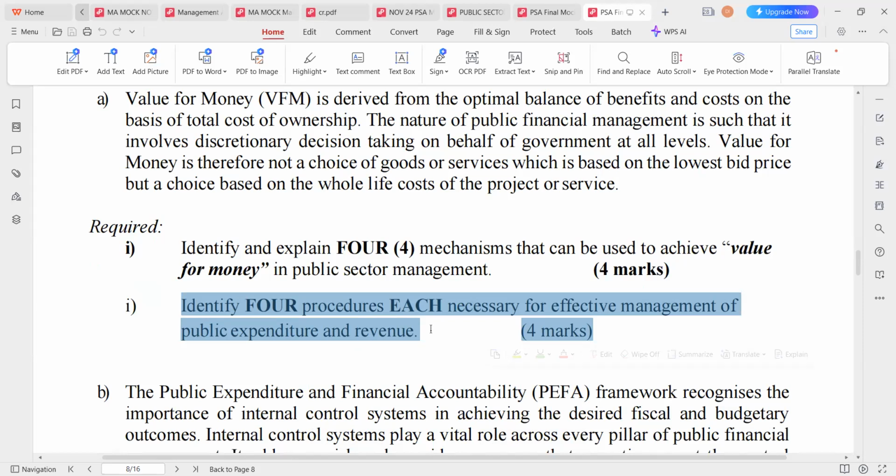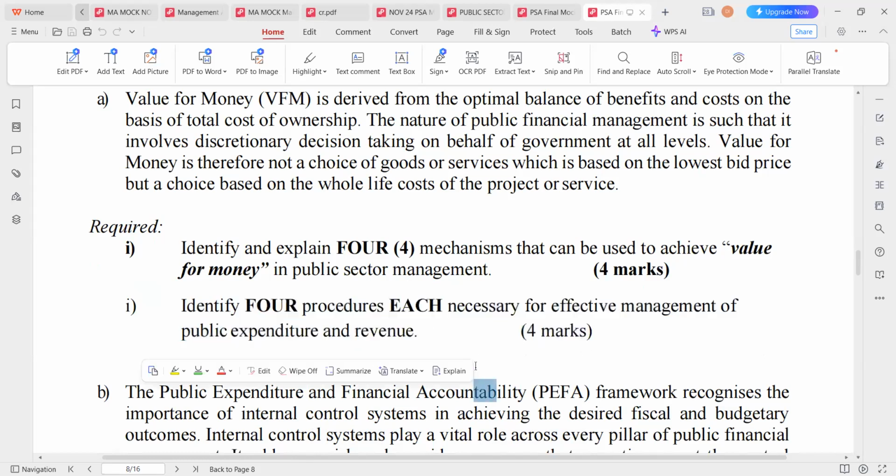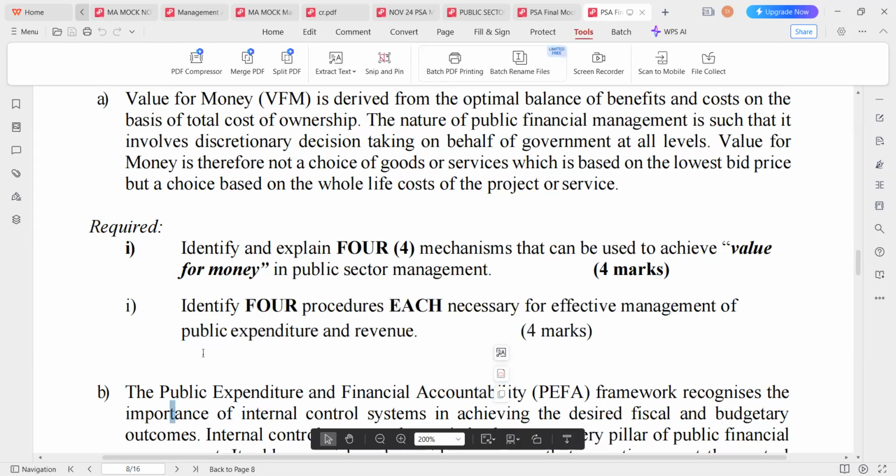So expenditure control, that's all. Budget is number one. If you want to control, budget is number one. Report is number two. And then the rest.